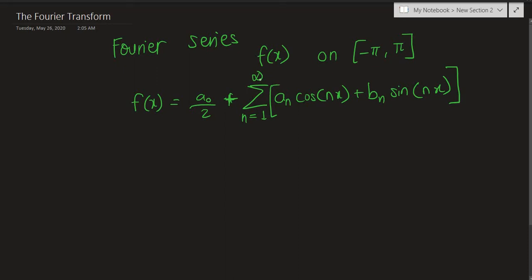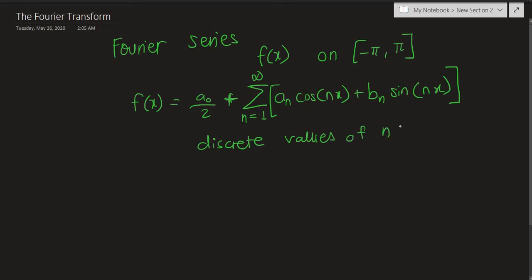But now notice that one limitation of the Fourier series is, since we are taking the sum from n equals 1 to infinity, we only have discrete values of n that we can actually sum over.